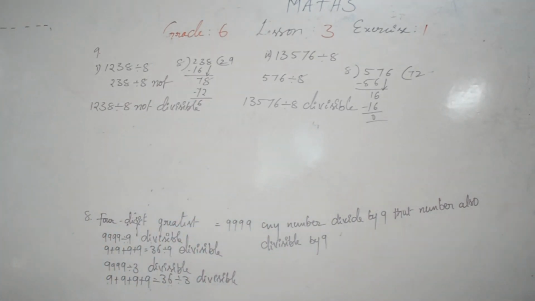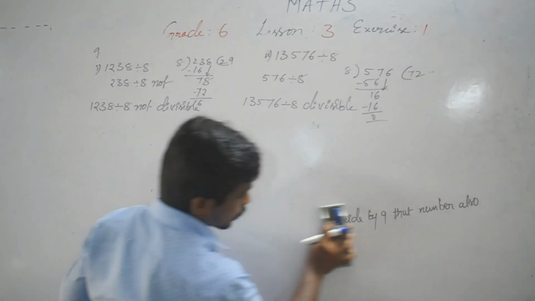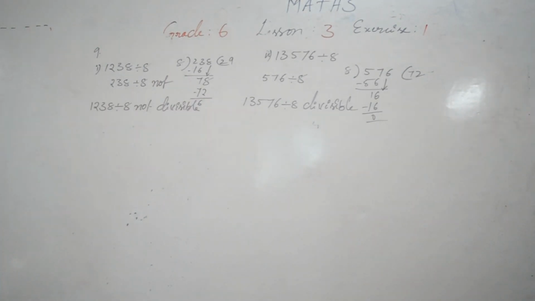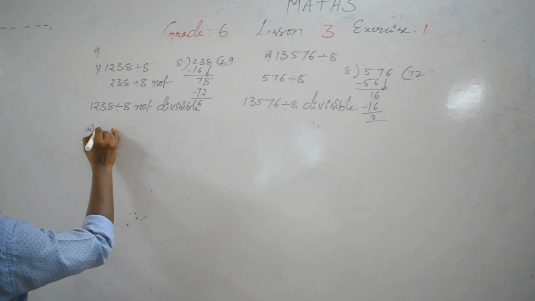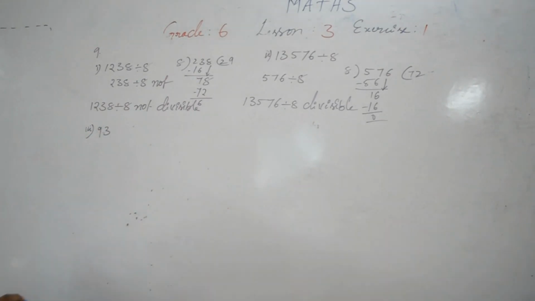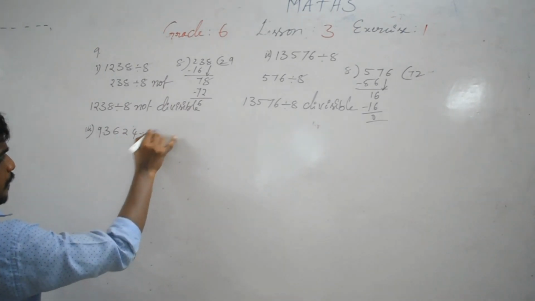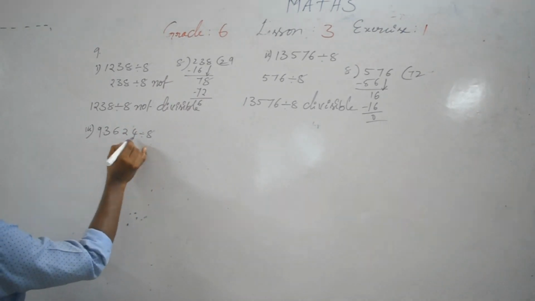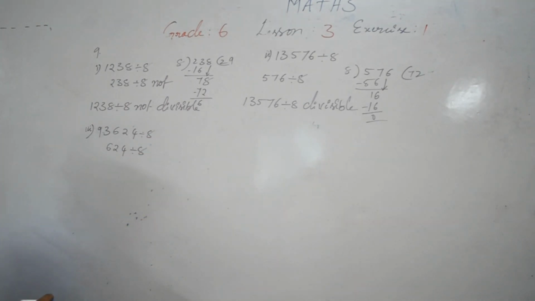Next one, 93,624, third one. 93,624 divided by 8. So last 3-digit number, 624 divided by 8.